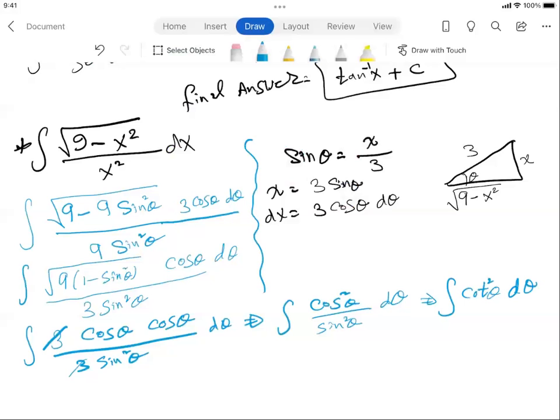And we already know how to handle this. So cotangent square of theta is equal to cosecant square of theta minus 1 d theta. And this is equal to simply negative cotangent of theta minus theta plus c.